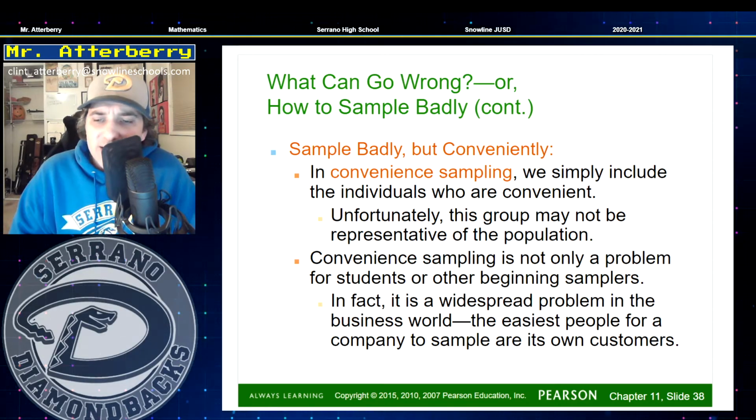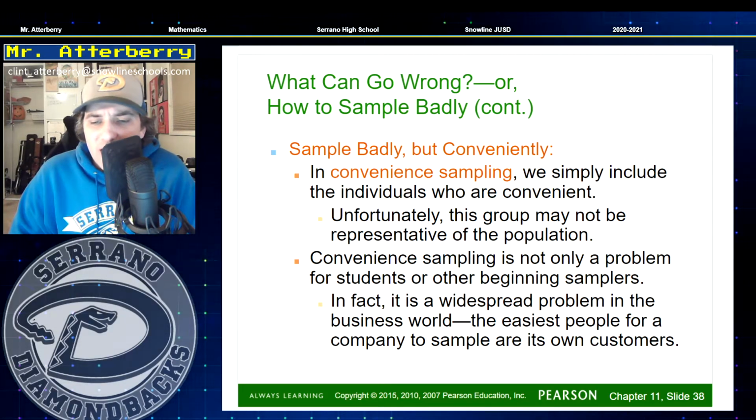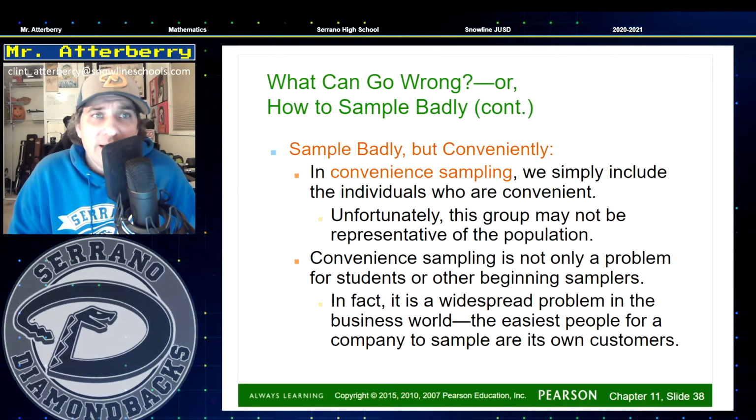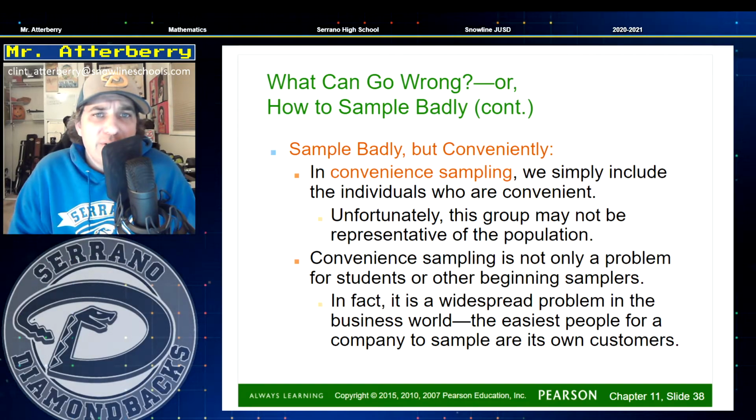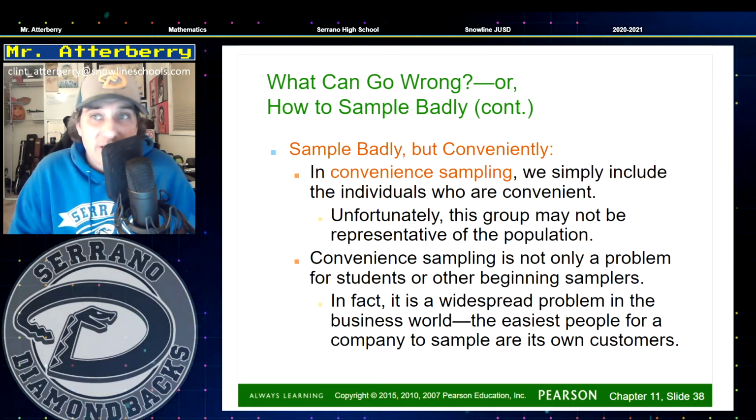So similarly, with the business world, if you are asking your customers how they like your products, you might not gain new customers because you're only learning more information about your customers. So it's almost better to reach out to other potential customers to find out their wants and needs as well.